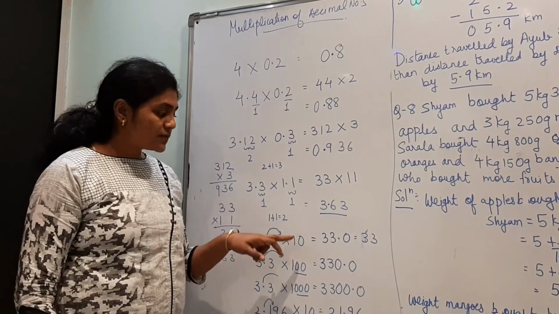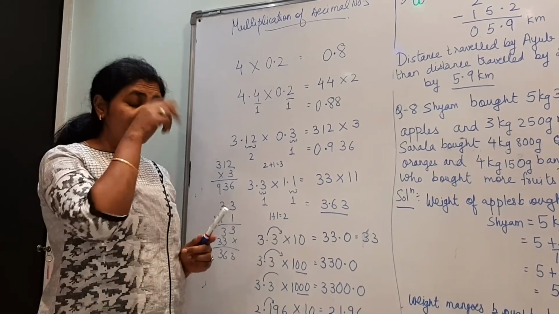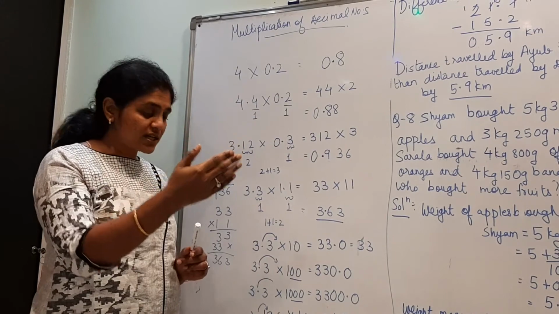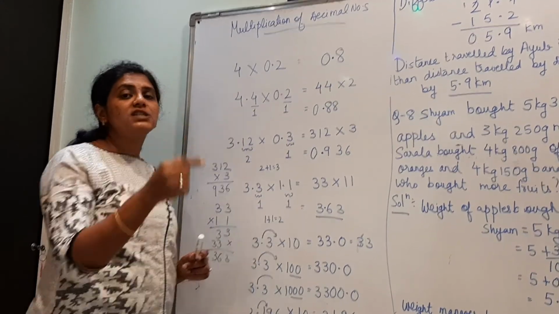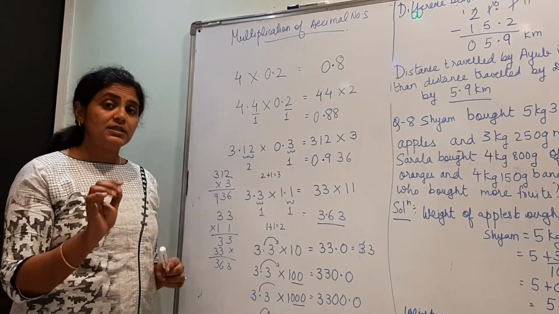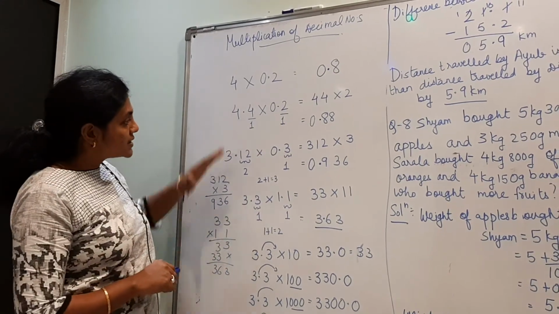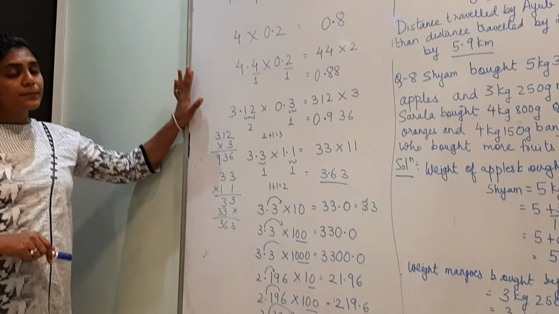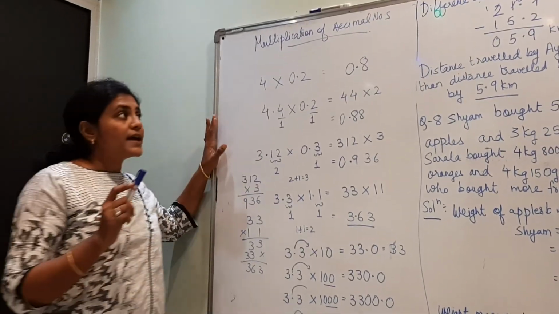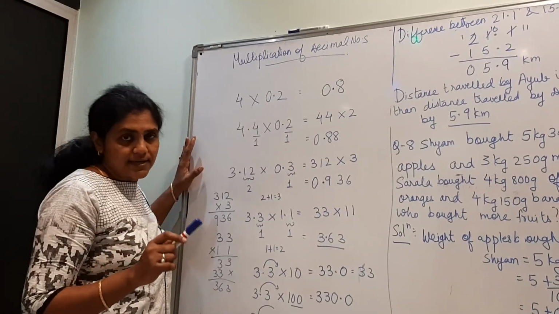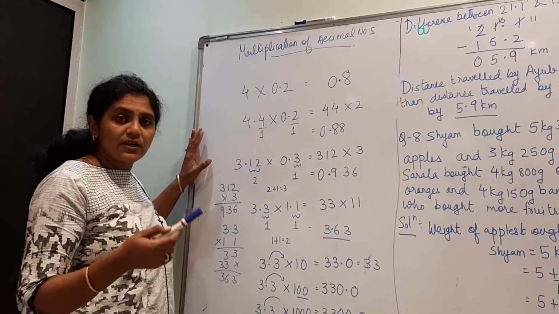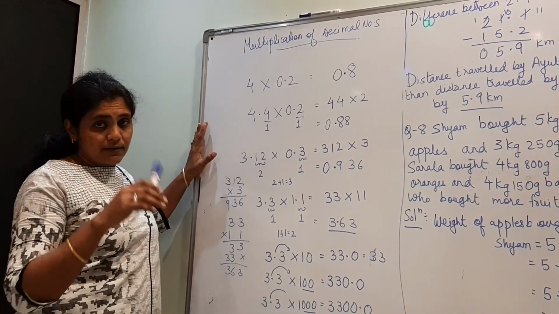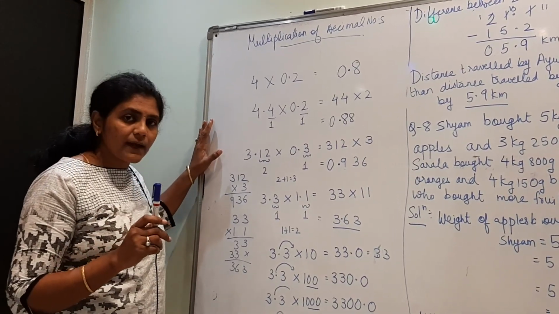The number of zeros will tell after how many digits the point should be shifted. Clear? Clear all these things? So based on this concept, we will be starting exercise 2.6. One by one you will do, you will clear and remember everything. Okay? Thank you.